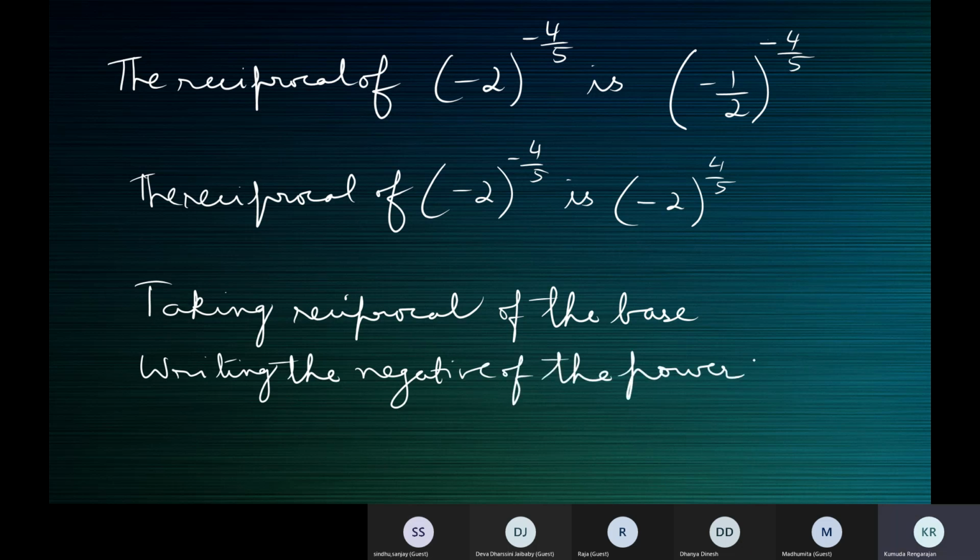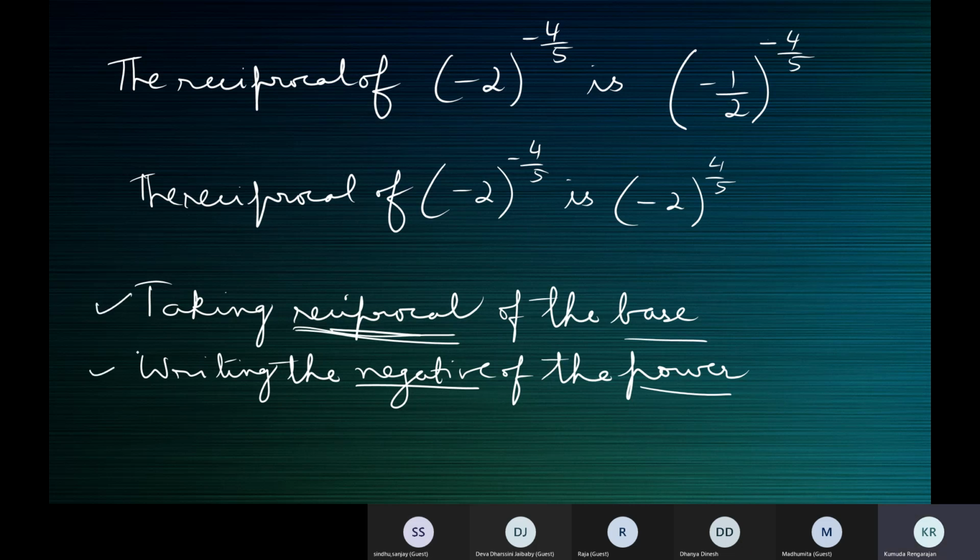Power meaning index or exponent. If you make both, you should not write the negative of the base. You must take the reciprocal of the base. Base, you should always take the reciprocal. Power, you must take the negative. Negative of the power meaning, if it's -5, you should write it as +5. If it's +5, you write it as -5.